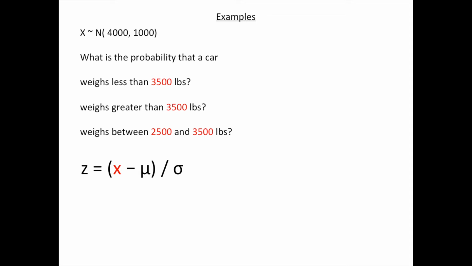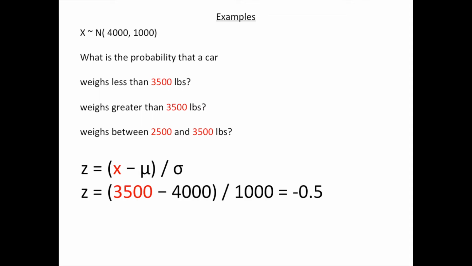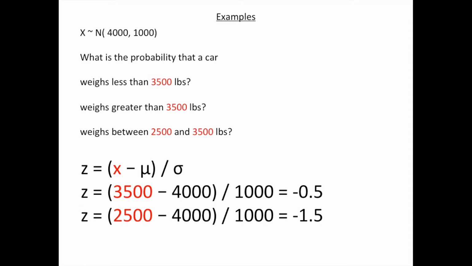So you're going to subtract your mean and divide by your standard deviation. If we take the 3,500 pounds and subtract off 4,000 and divide by 1,000, we get a z-score of negative 0.5. And if we do the same for the 2,500 x value, we get negative 1.5 as our z-scores.